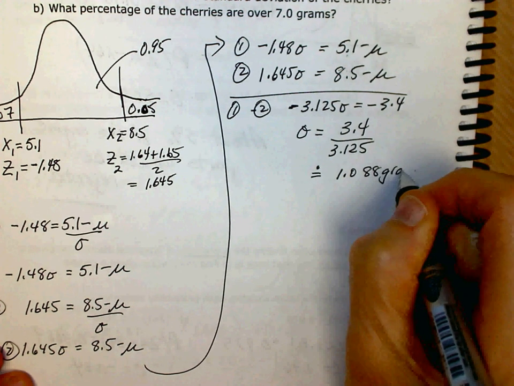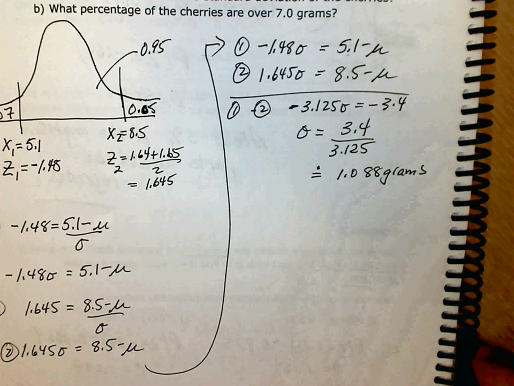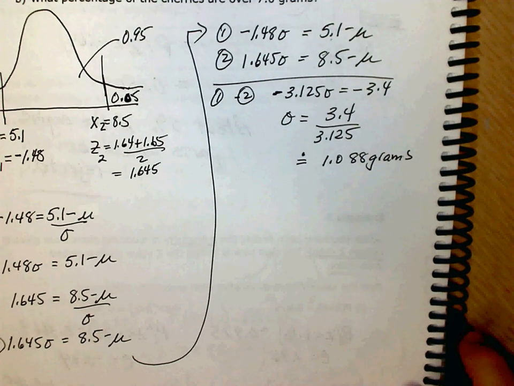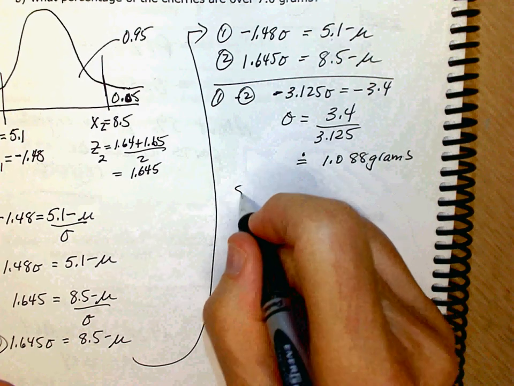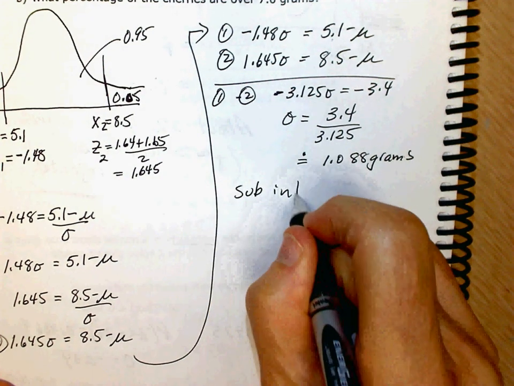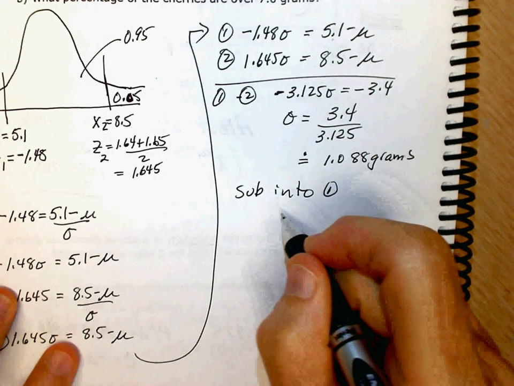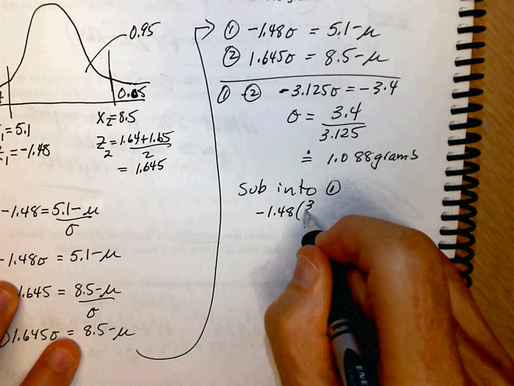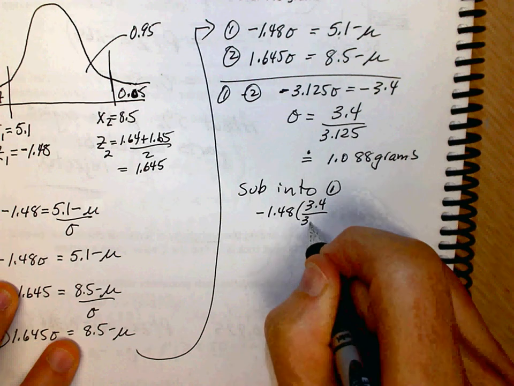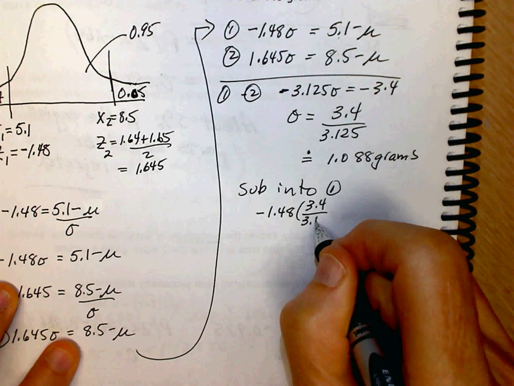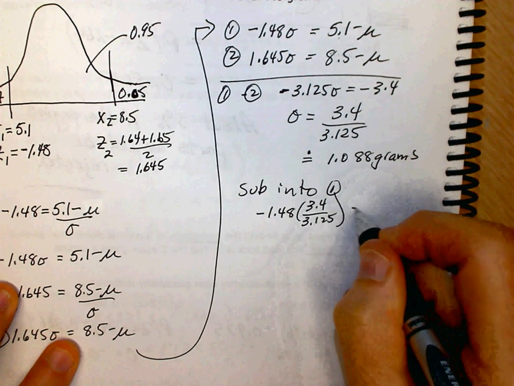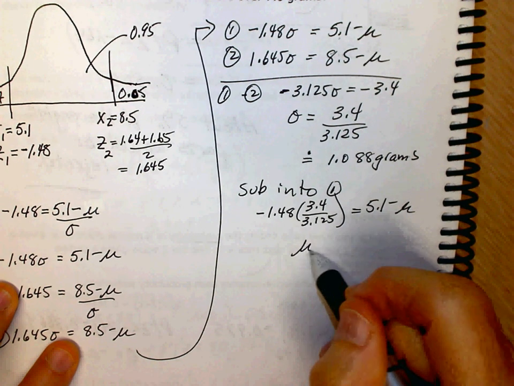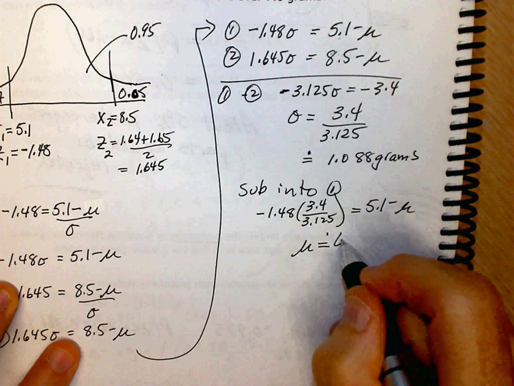We have our sigma. Now let's find our mean. Sub into 1. Negative 1.48 times 1.088. I'm going to use the more accurate one because this is rounded off. If we solve for the mean, we get approximately 6.71024.